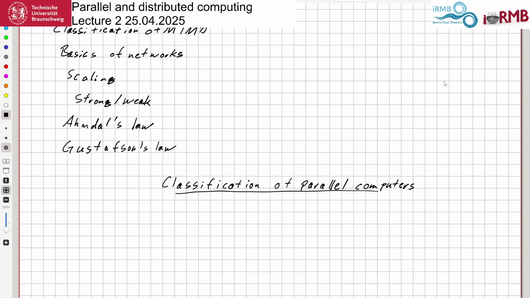So, starting with classification of parallel computers, say we have some parallel system. The most basic distinction is, according to Flynn's nomenclature, the SIMD machine, single instruction, multiple data.